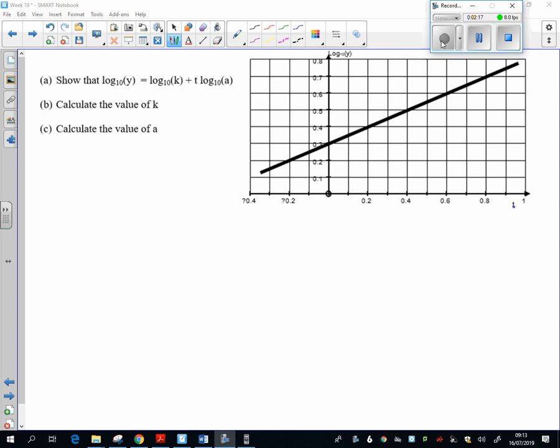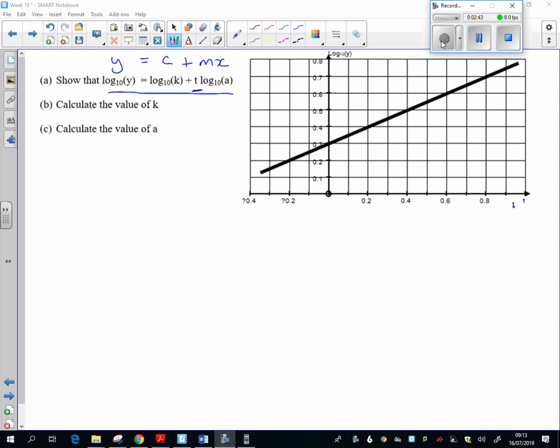Okay, so now we're asked to find the values of A and K, so we will need to use the graph for this. And if we look, I know it looks slightly more complicated, but actually this is just the equation of a straight line. There's our y, that's our constant, t is our variable, so that's our x.